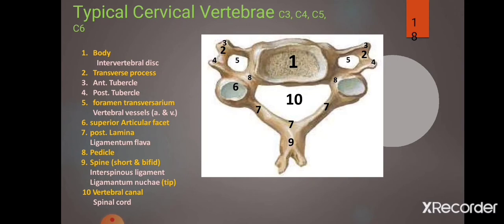Then we have the transverse process, which is divided into 2 tubercles, anterior and posterior. Between them there is a costotransverse bar. Then number 5 is the foramen transversarium for the vertebral vessels, and there is the superior articular facet. All these structures are highlighted in this image.